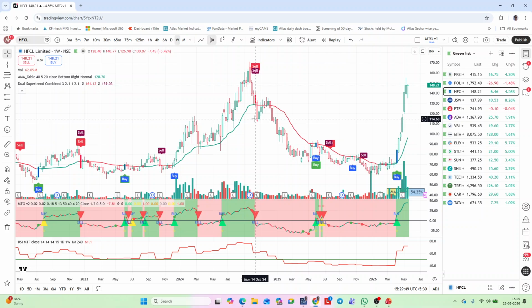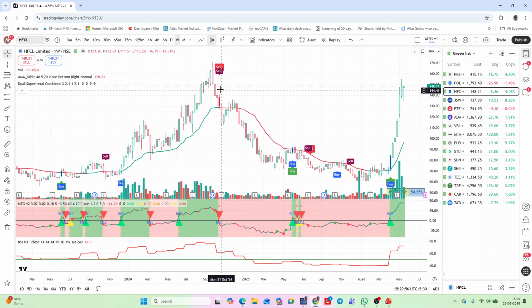Here, in the month of October 2024, Super Trend 1 and Super Trend 2 both gave a sell signal in the same week. So here probably I will go ahead and book 75% or maybe 100%, considering the kind of candles forming here and the overall broader market.